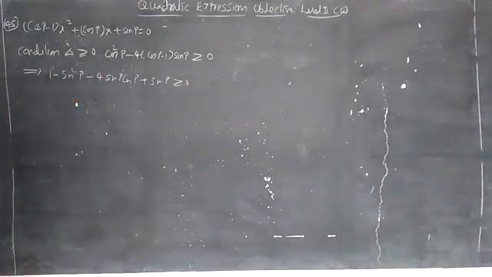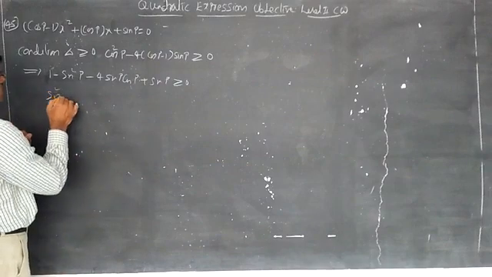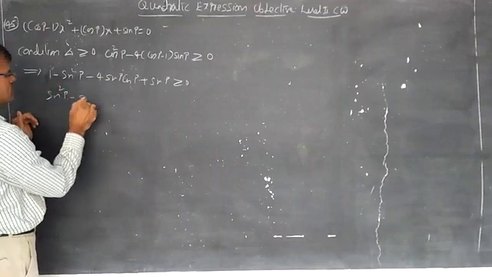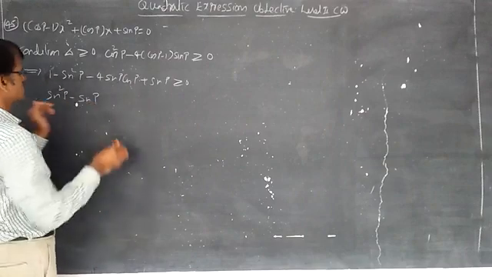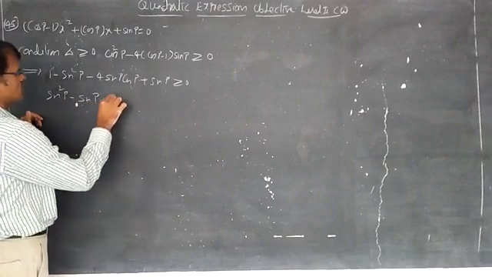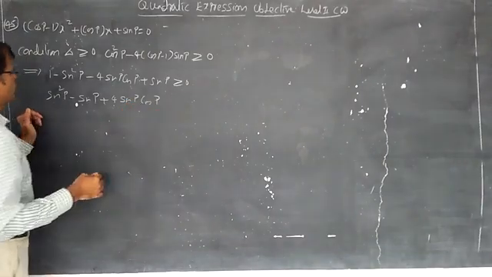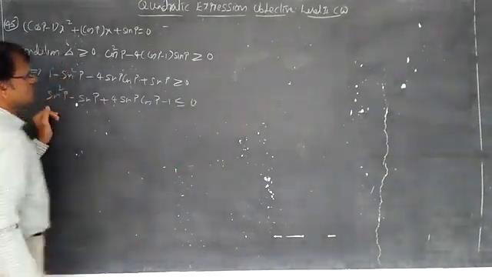Write like this: sin square p minus sin p plus 4 sin p cos p minus 1 less than or equal to 0.